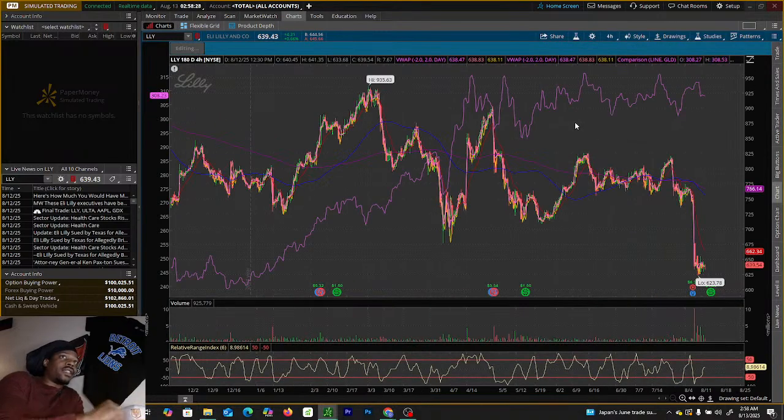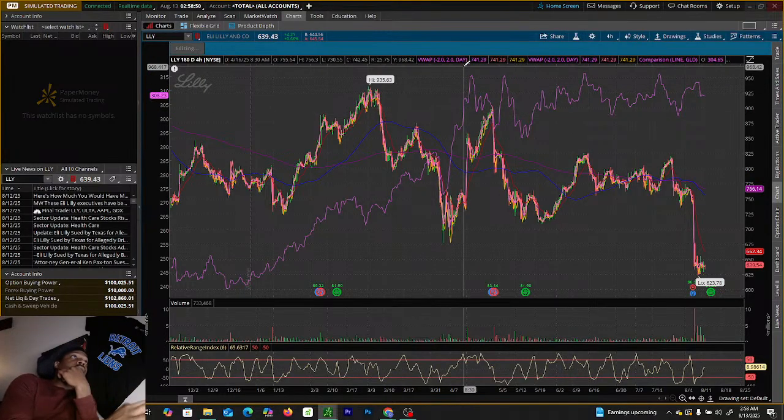So when it comes to Eli Lilly, when I did my research, the company is standing strong financially, right? The charts, we're looking at the 4-hour chart right now. It is showing a bearish sign.